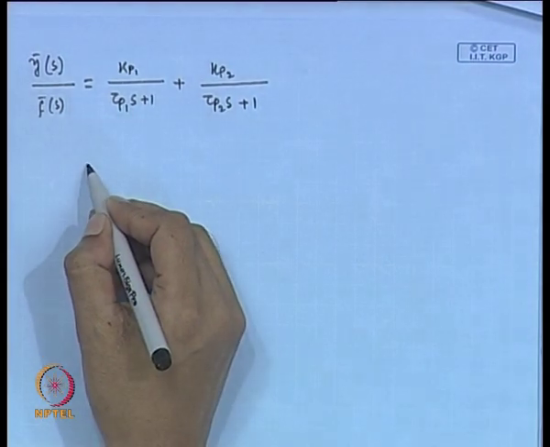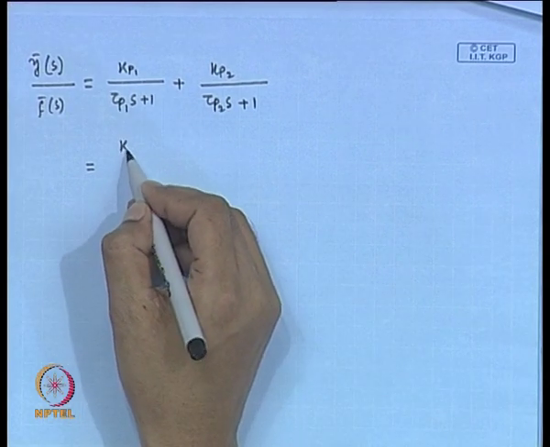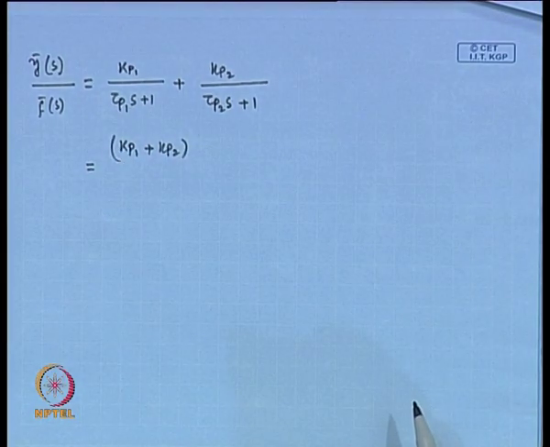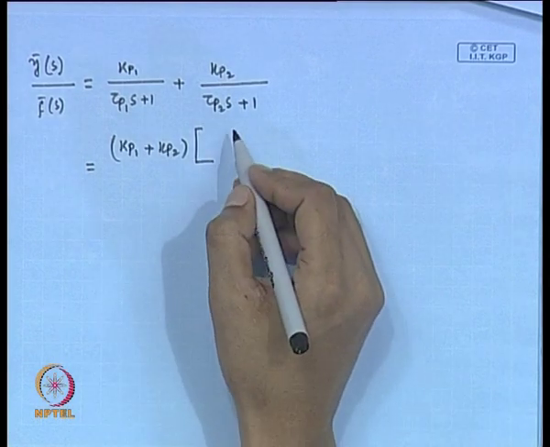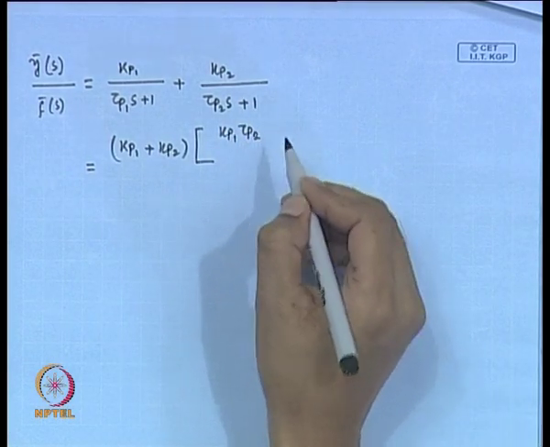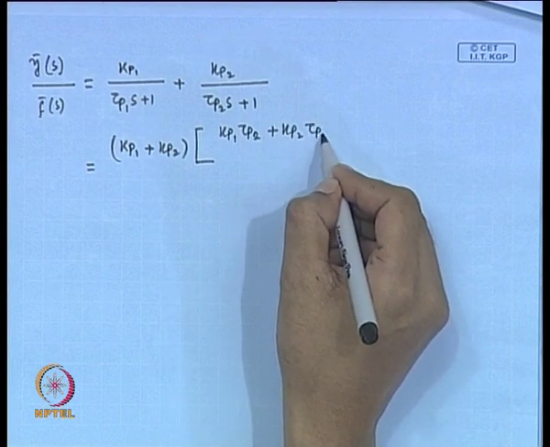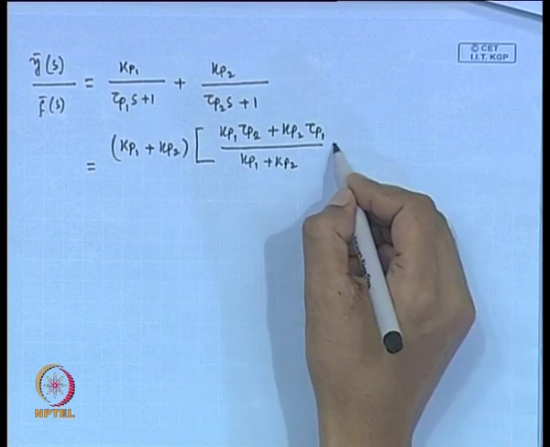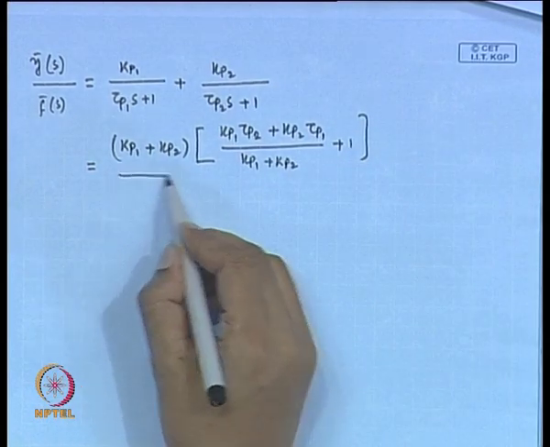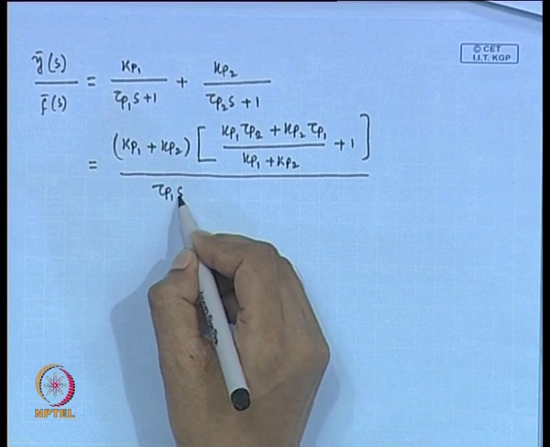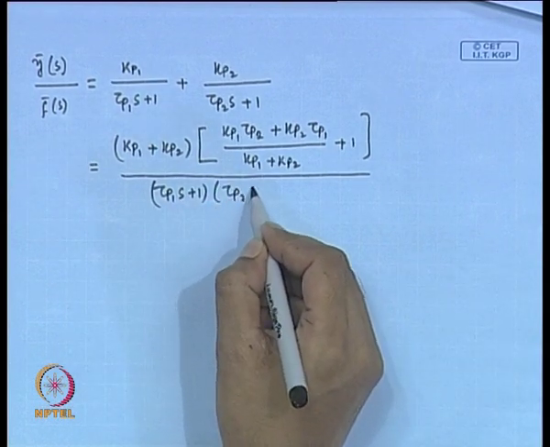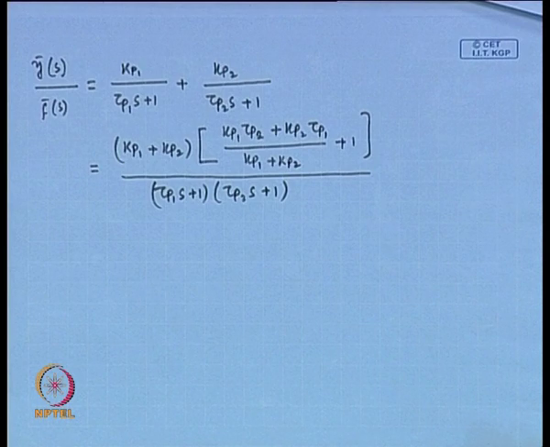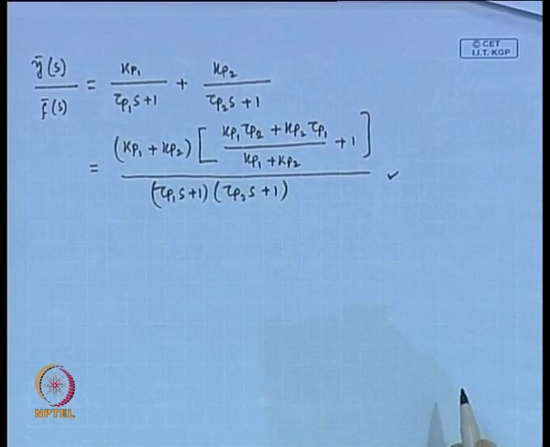Now, we get from this (kp1 plus kp2) multiplied by (kp1 tau p2 plus kp2 tau p1) divided by (kp1 plus kp2), whole divided by (tau p1 s plus 1)(tau p2 s plus 1). We get this overall transfer function.